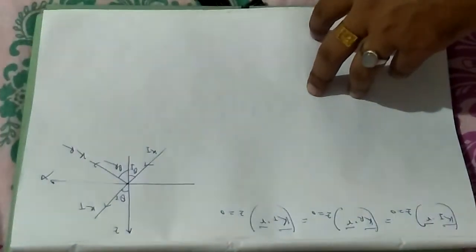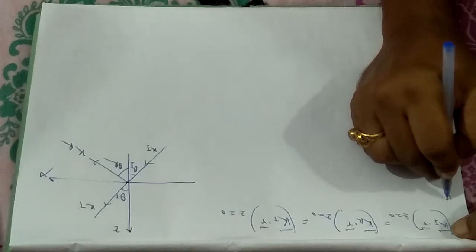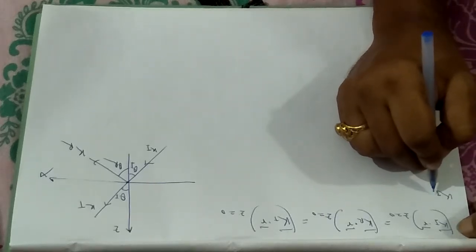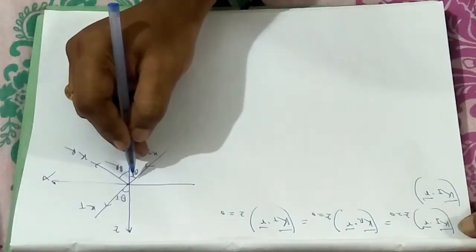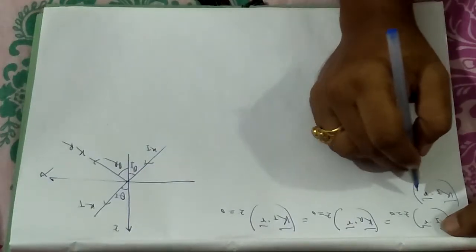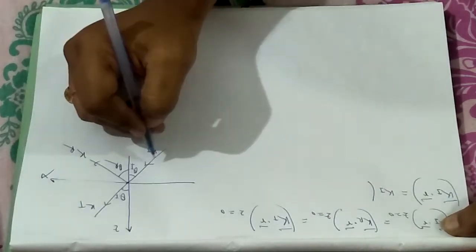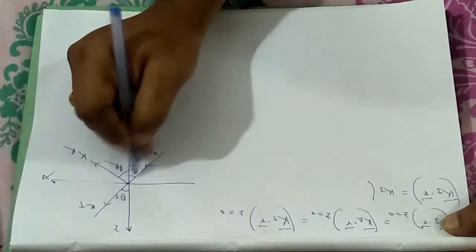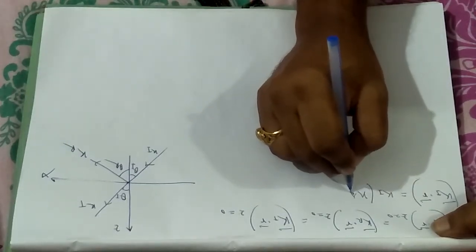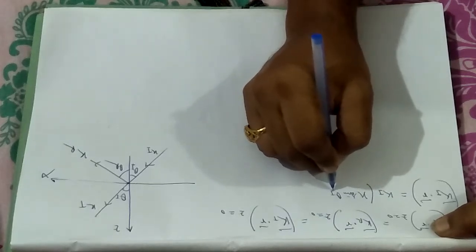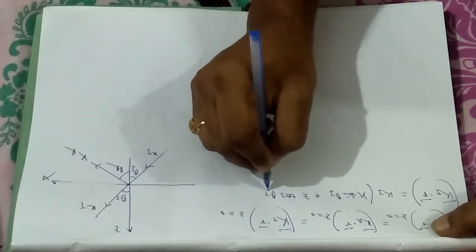Try and understand this diagram carefully and try to reproduce the value of ki dot r. Ki dot r is a vector multiplication, so we can write it as ki, then the value of r along this line can be written as x sin theta i plus z cos theta i.